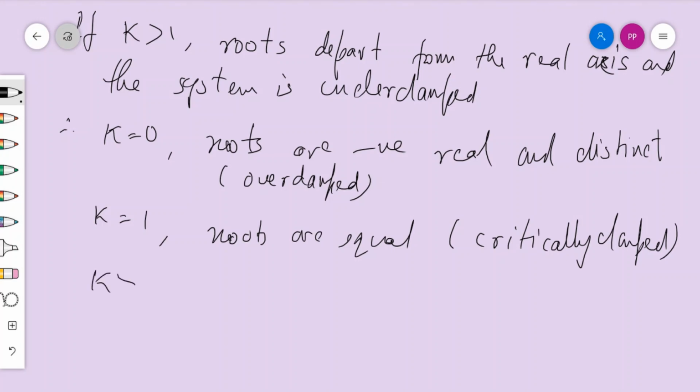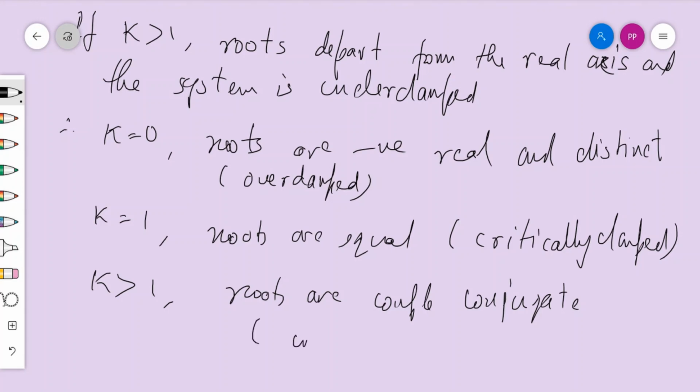Now the third case, when k is greater than 1, the roots have the complex, imaginary parts. So the roots are now complex conjugate. As I already mentioned, this is the case of an underdamped system.